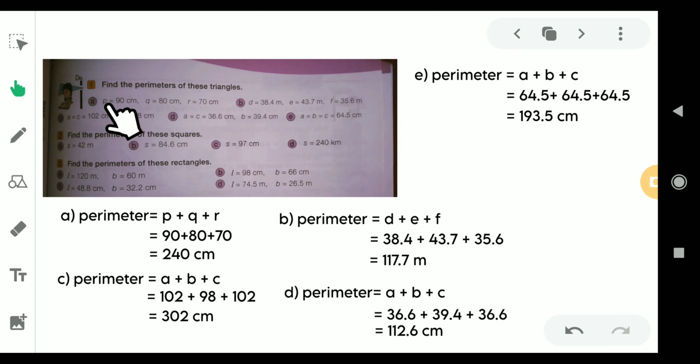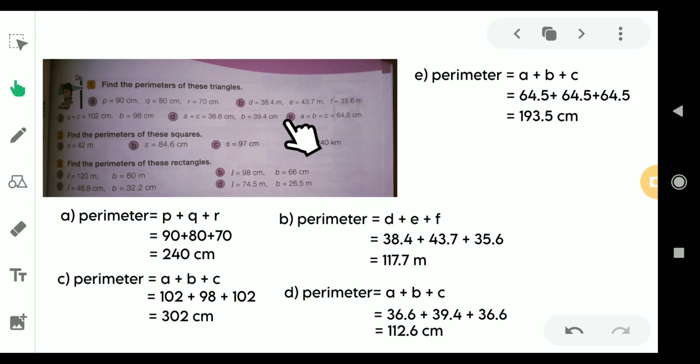P is the name of the first side, Q is the name of the second side, and R is the name of the third side. Let us move on to the second triangle. Here the name of the first side is D and its length is 38.4 meters. The second side is E and its measurement is 43.7 meters. The third side is F and its measurement is 35.6 meters.